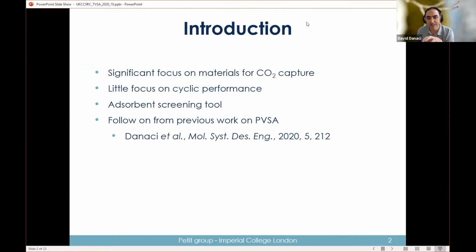To help with that, our aim is to develop an adsorbent screening tool. This sits somewhere in between rigorous modeling, which is the best option, and simple isotherm analysis, which is the more popular approach at the moment. This TVSA or TSA work is a follow-on from our previous published work on PVSA.